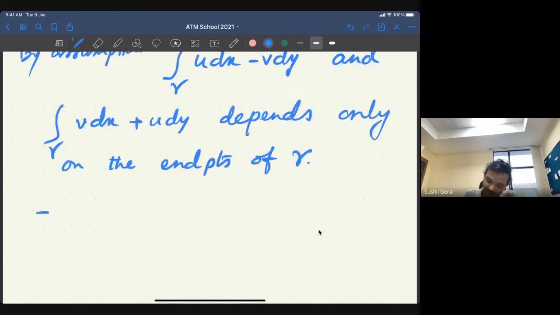So what does this mean? Now apply theorem star.